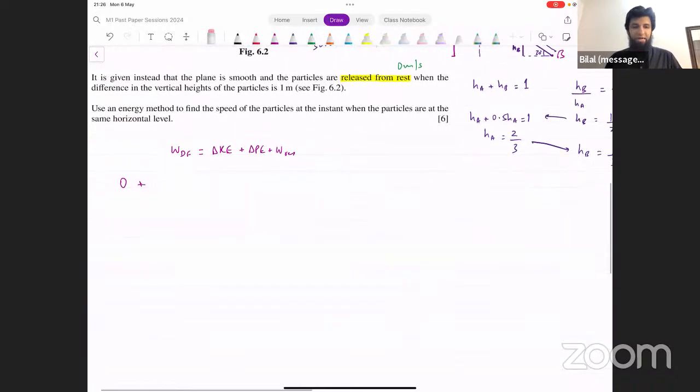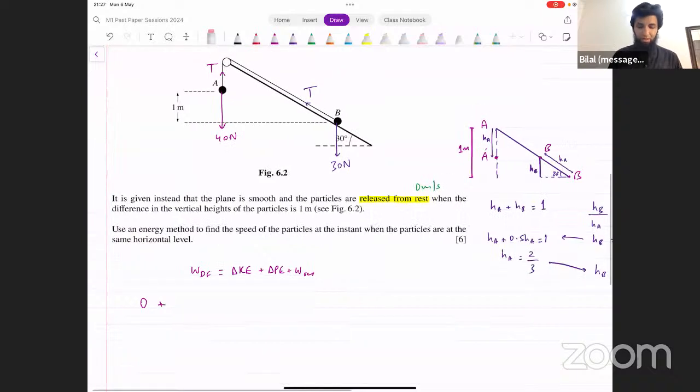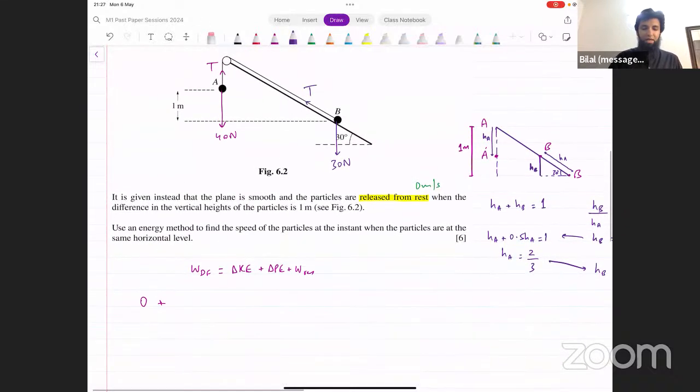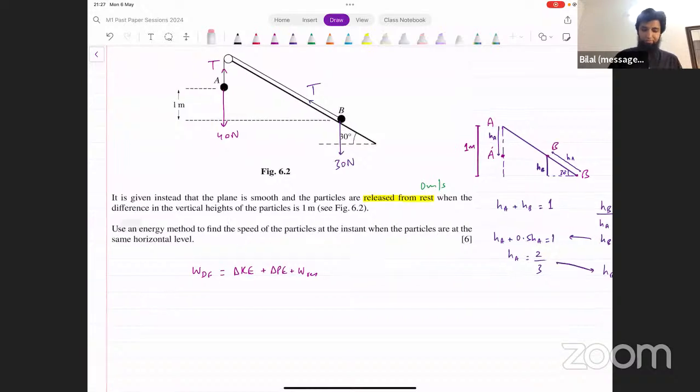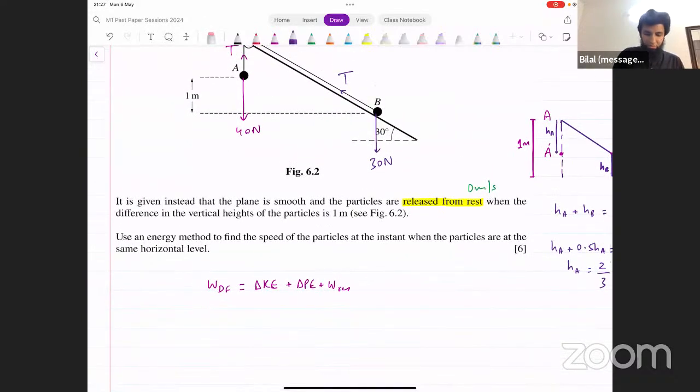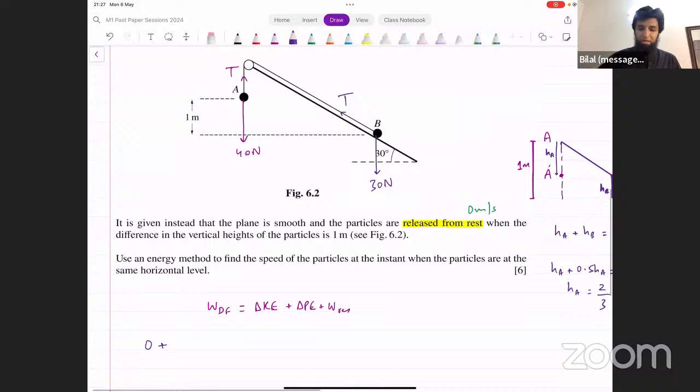Work done by driving force equals change in kinetic energy plus the change in potential energy plus work done against resistance. Now, what's the work done by driving force for A? There is no driving force for A. So that's 0. What about the driving force for B? It's going to be tension into the distance traveled in this direction.